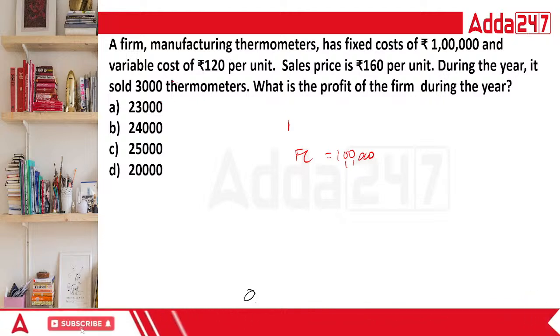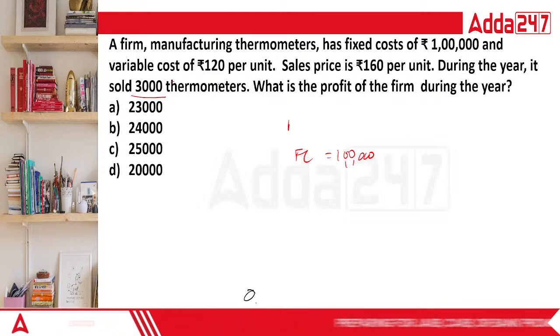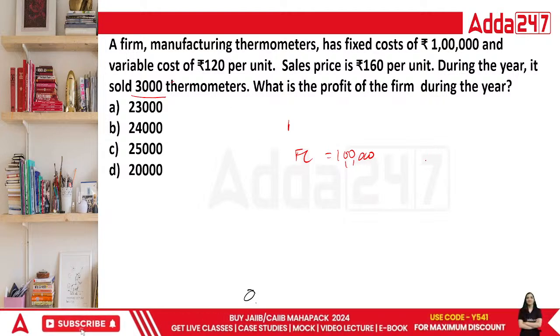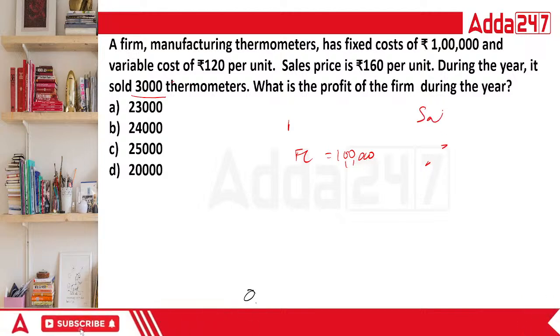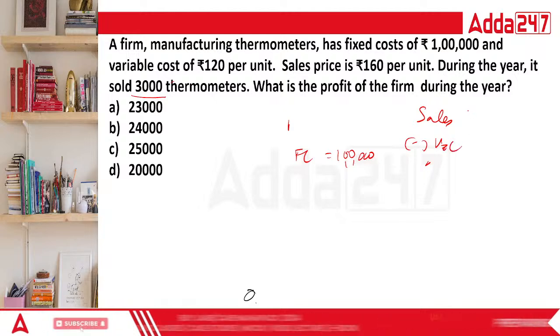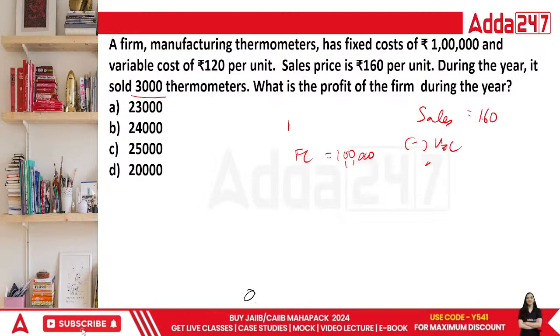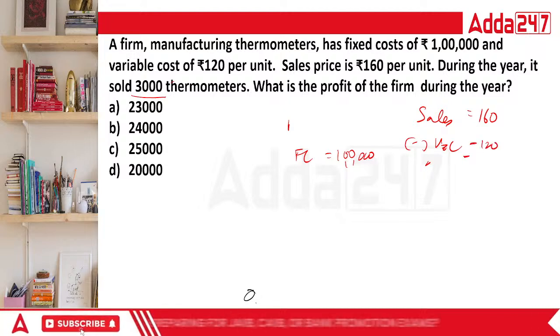Now 3,000 of these are sold. 3,000 is basically your ultimate amount that you are selling at. That is sales minus variable cost, everyone. The sale was 160 per unit minus 120 per unit.